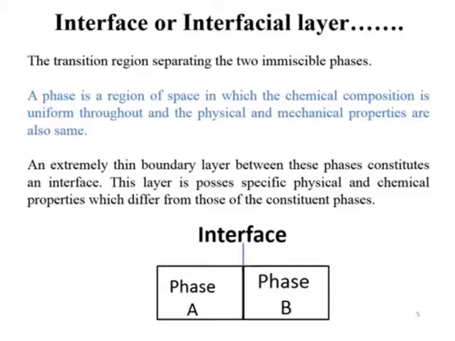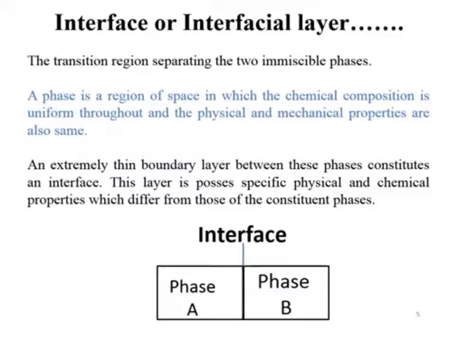Dear students, on slide number 5, we are discussing the interface or interfacial layer. Basically, the interface or interfacial layer is the transition, meaning in-between state, region separating the two immiscible phases. The immiscible phases are the phases that do not mix in each other in any ratio.